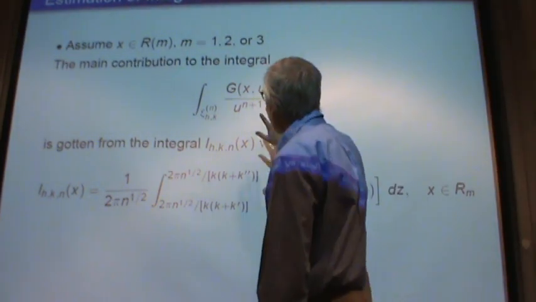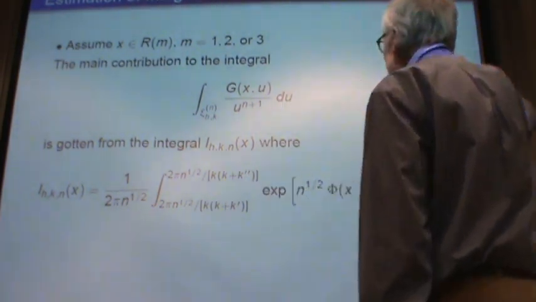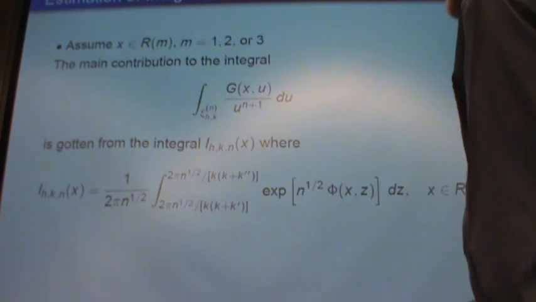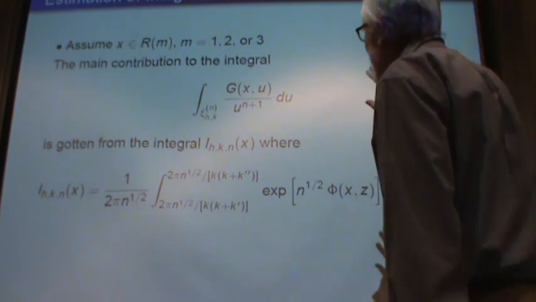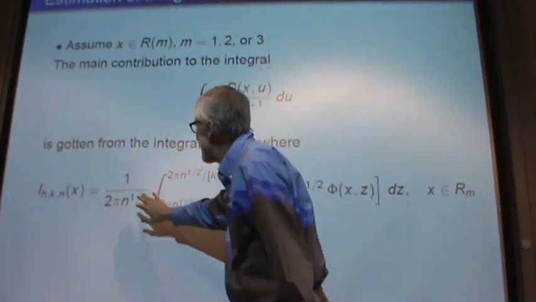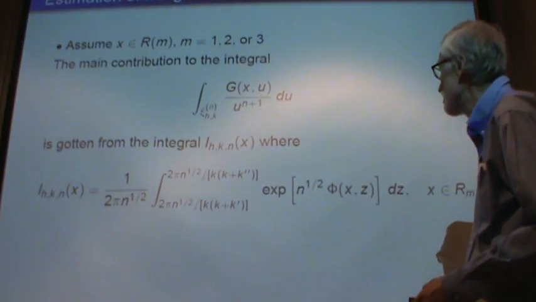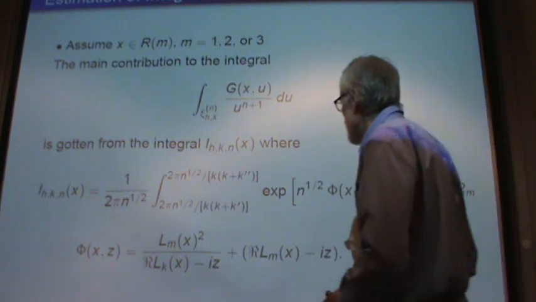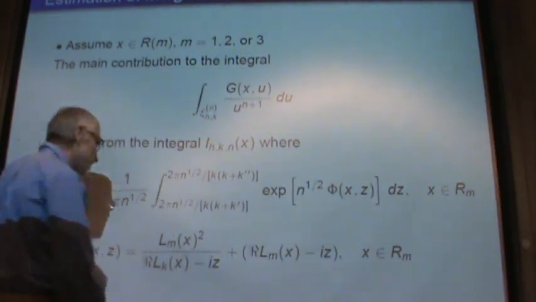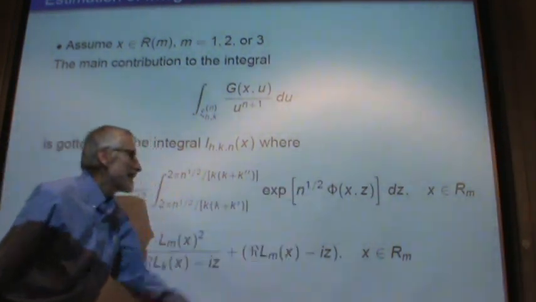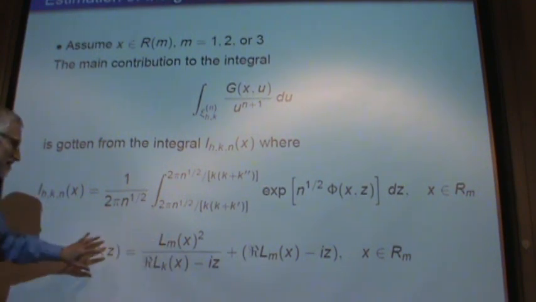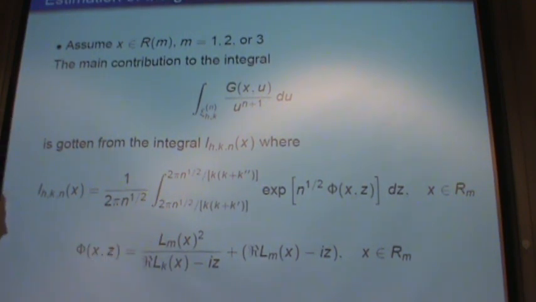we go back and look at the integral of the generating function and apply the Cauchy integral formula to it. Then, doing some work, we get an integral of this form, where inside the exponential is a function built out of the dilogarithm.